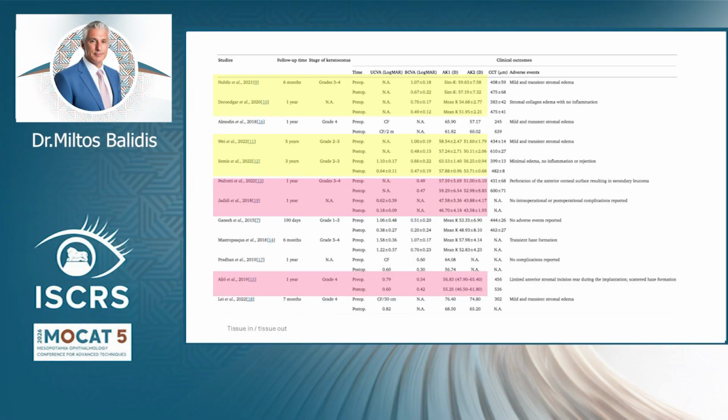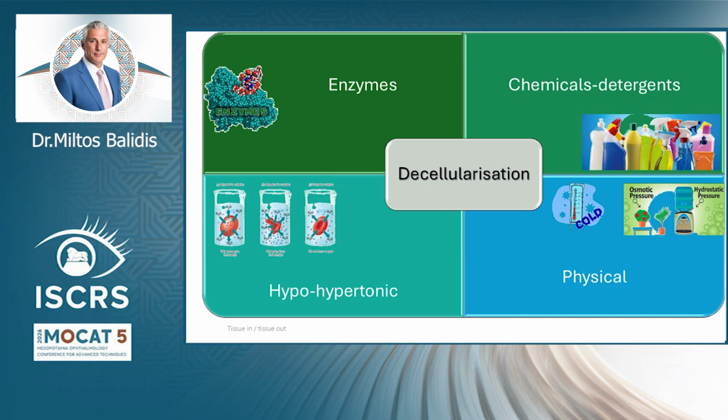If you can see here, we have some cases where vision improved, some cases where vision didn't improve. And recently came this concept of decellularization. So what we do is use enzymes or chemical detergents or hypertonic solutions or some physical decellularization in order to get tissue from pig eyes, decellularize it, and use it instead of the SMILE lenticule.